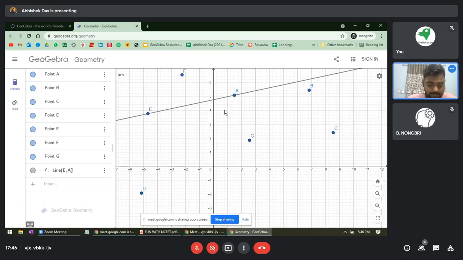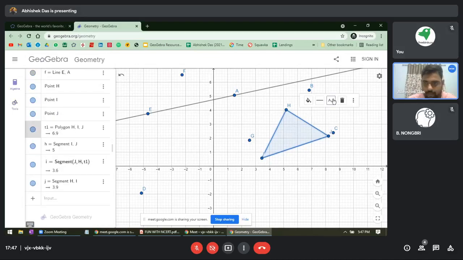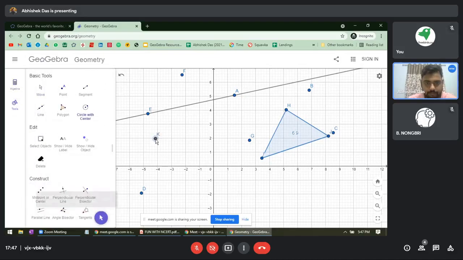Easy, right? We can also draw polygons. Right, this is a triangle, as you can see, and if I put the value out here, the area of this triangle is 6.9 square units. Right? You can also draw a circle.